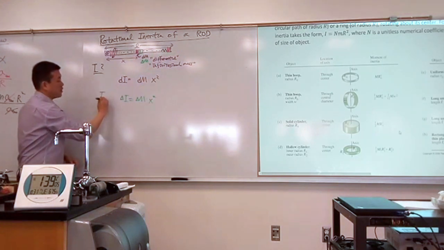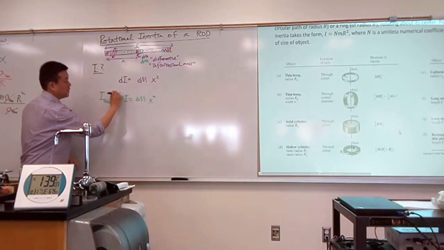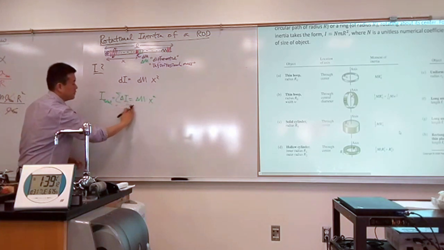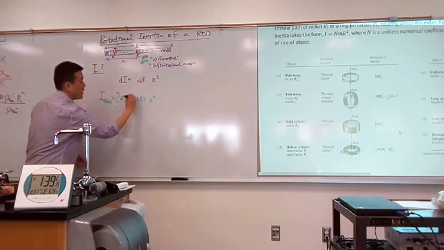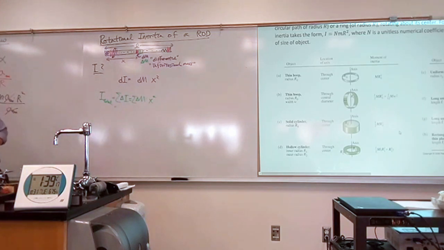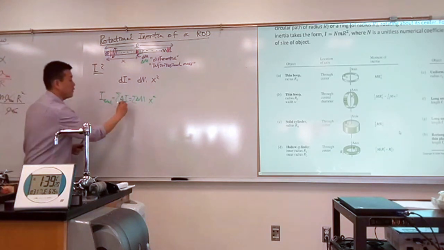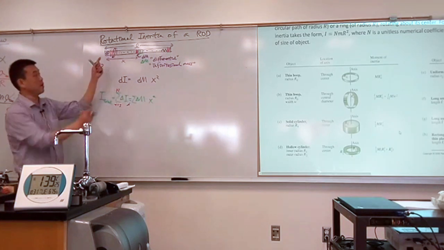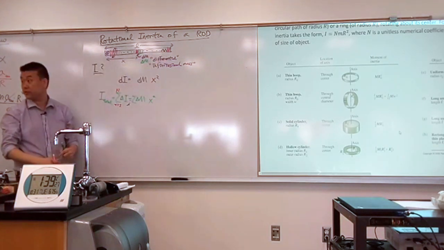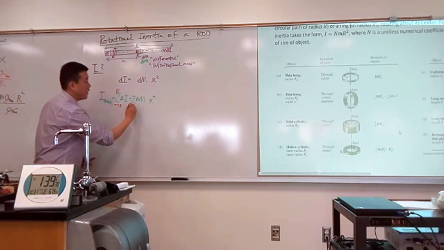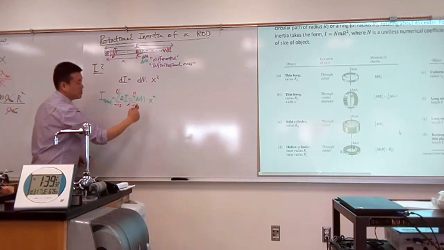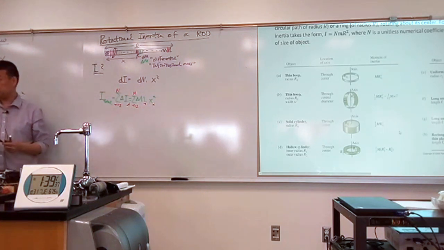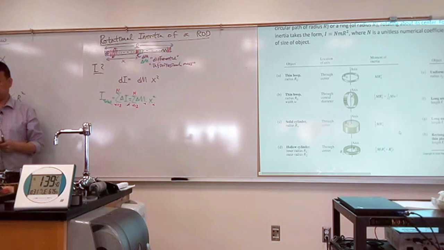So for the total rotational inertia, you would simply add up all these with the index going from 1 to n, where n is the total number of pieces you've broken it down to, and this index would specify how much mass is in each little piece, and what is the position of each little piece, right?